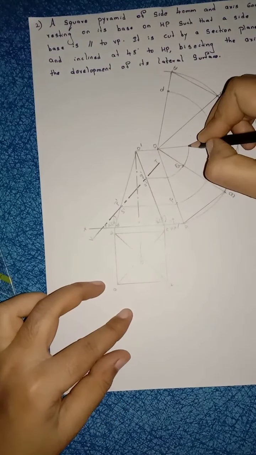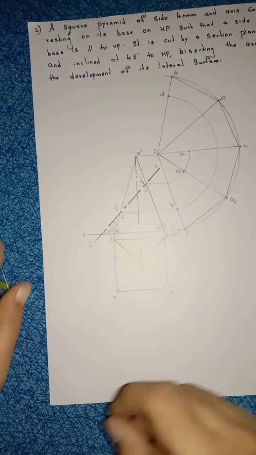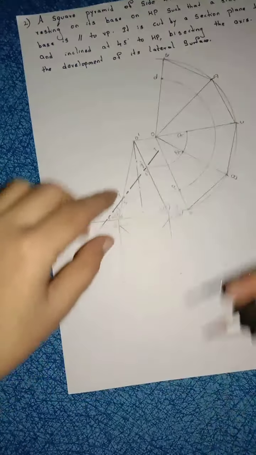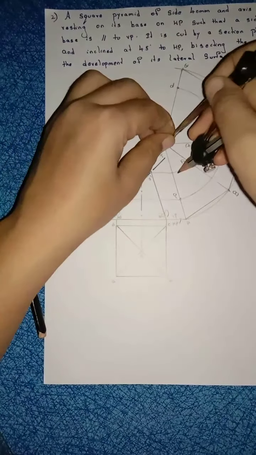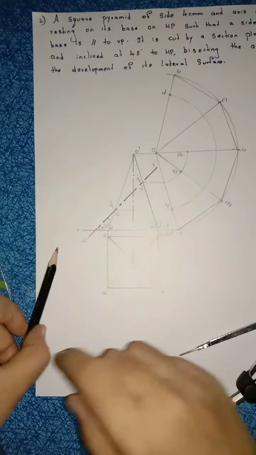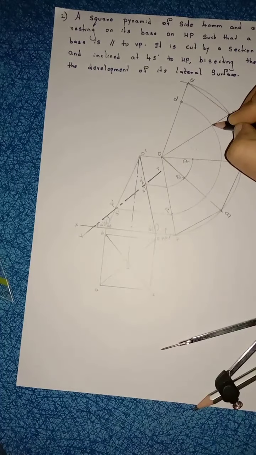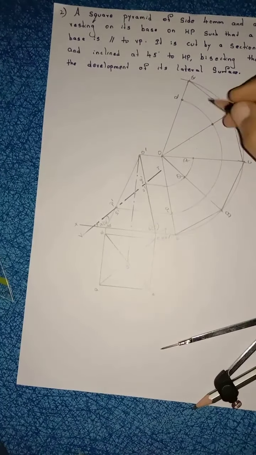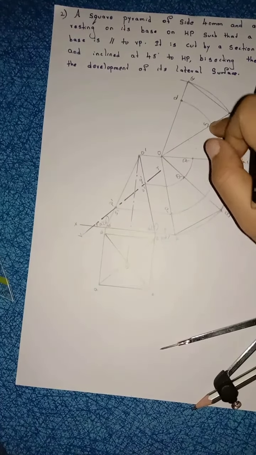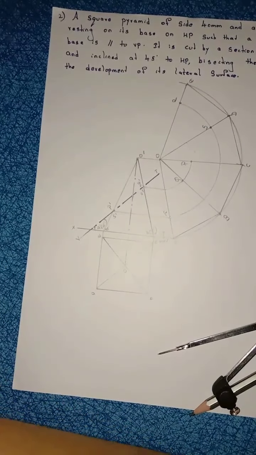Mark point R here. Right, then next S is in between OD. This is the projection of point S. Now I am taking this distance in between OD. I should mark S point here. P, Q, R, S, P.